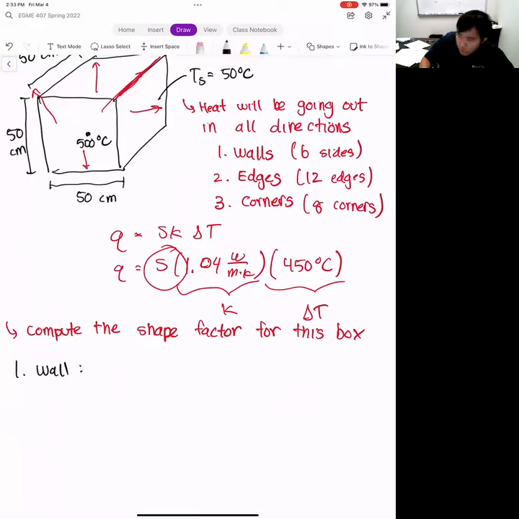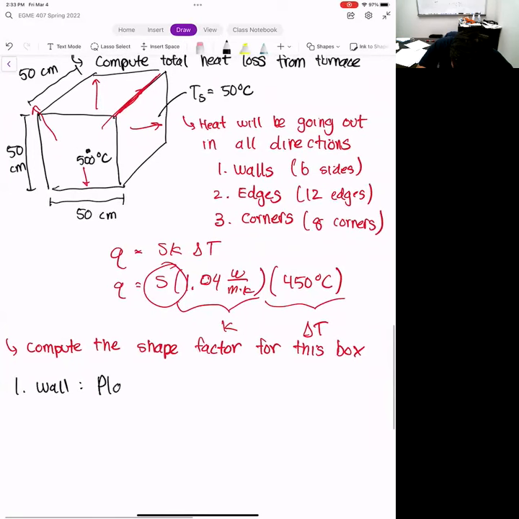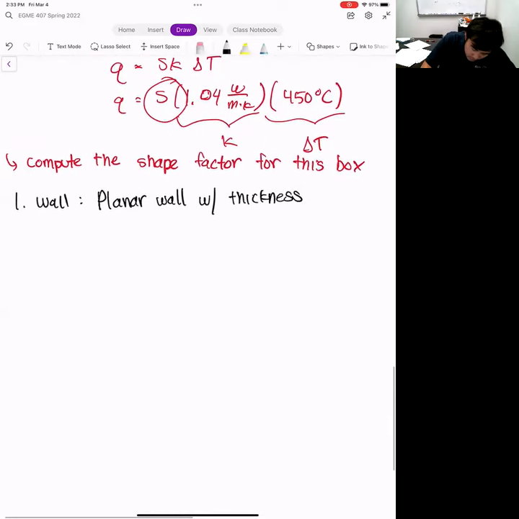Okay. So let's start with the wall. The wall is, I think, simpler than you think because it's something that we've seen before. The wall can be modeled as simply a planar wall with some thickness. So it looks something like this.